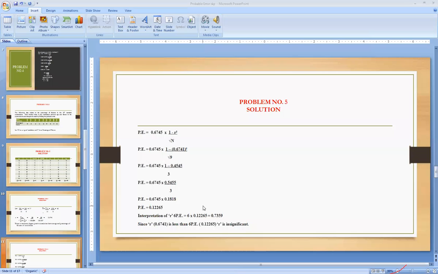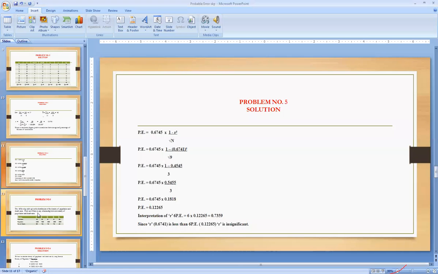Which is greater here, the correlation value or the 6PE value? The 6PE value. So if the 6PE value is greater than r, we can easily say that r is less than 6PE. If r is less than 6PE, then we say that whatever correlation we got is insignificant. That is how we should interpret the results by comparing with the probable error.